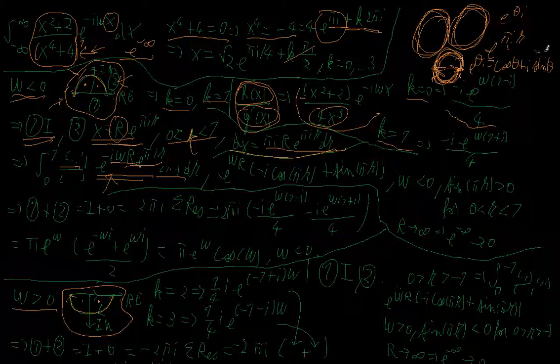Here we have e to the pi i t, so we have our i, and our theta will be pi t, everything else that is not the i. So we can rewrite this e to the pi i t as cosine pi t plus i sine pi t.